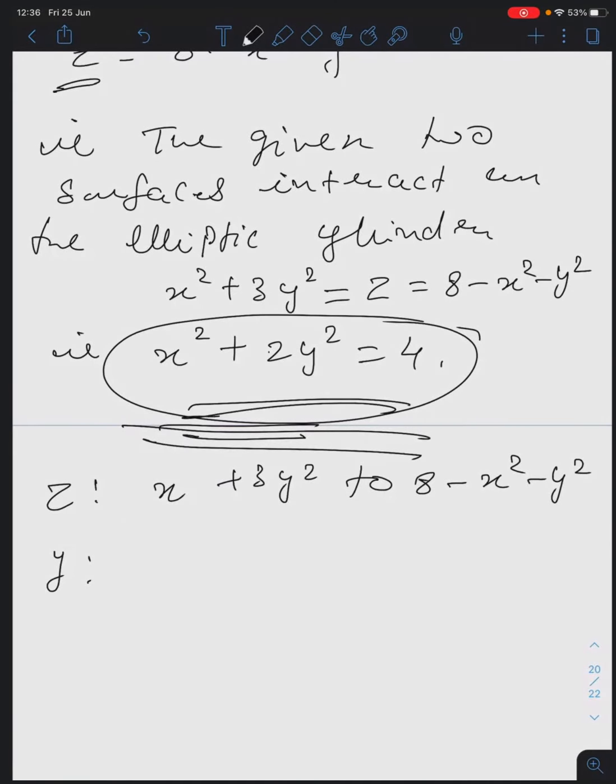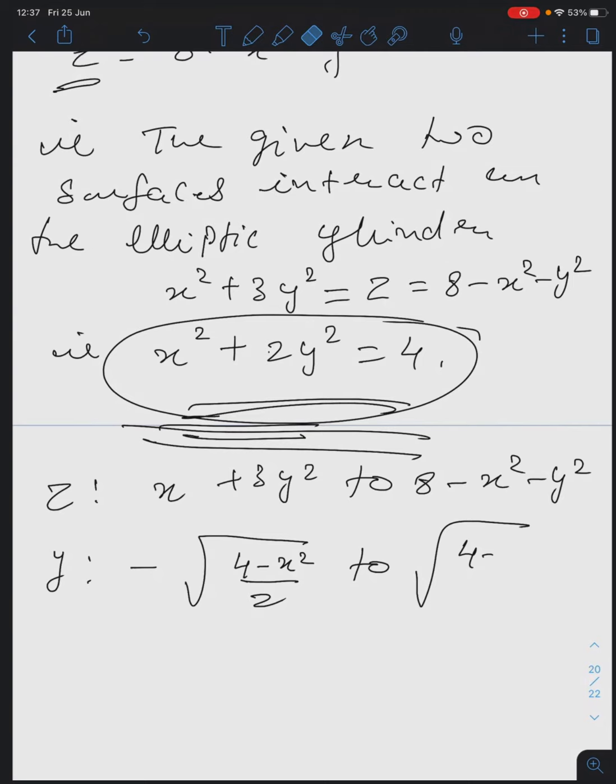Now for y and x you can use this one. You can write y in terms of x, and x is constant. So what is y? If you calculate, what will you get? Minus root of 4 minus x square by 2. Ma'am, the 2 should be separate from the denominator. Root of 4 minus x square divided by 2. How will you divide?